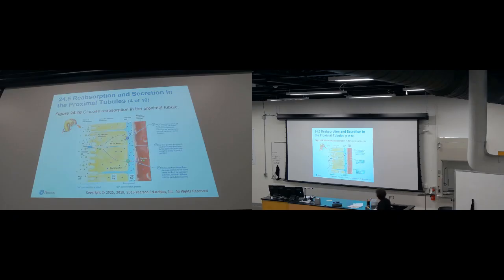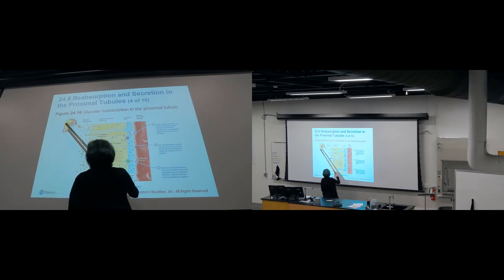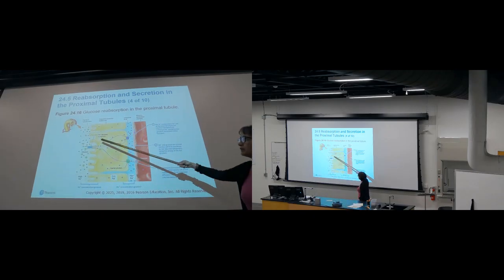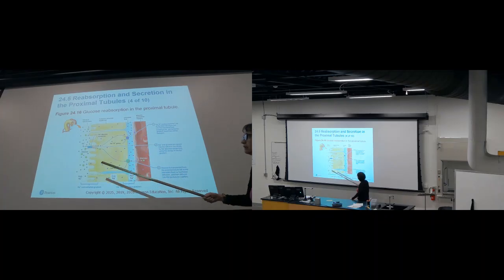So here is the process of glucose reabsorption in the PCT. If you magnify here, you can see the cells are cuboidal with microvilli. This is the microvilli.